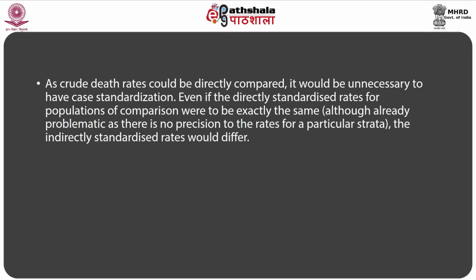A crude death rate could be directly compared. It would be unnecessary to have case standardization. Even if the directly standardized rates for the populations of comparison were exactly the same, although already probabilistic as there is no precision to the rates for a particular stratum, the indirectly standardized rates would differ.